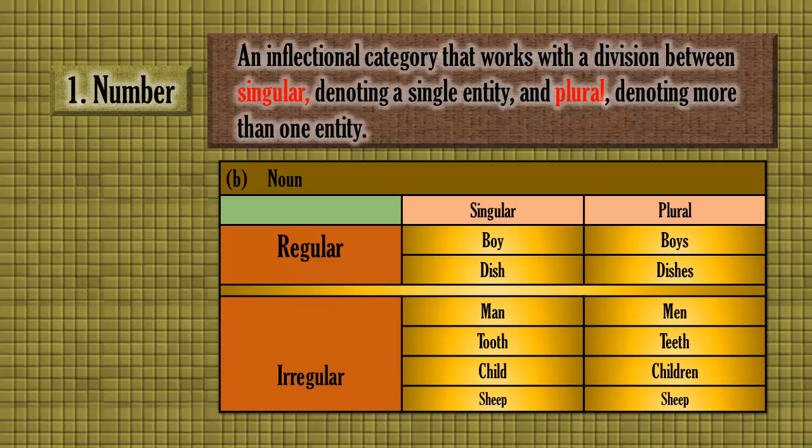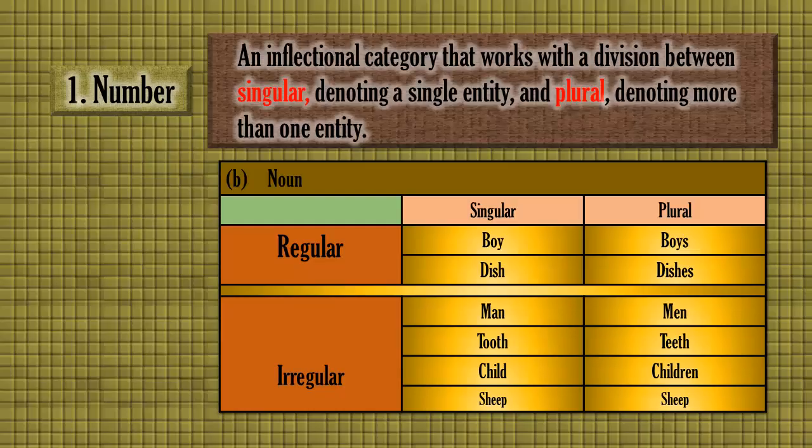Number. Number is an inflectional category that works with the division between singular, denoting a single entity, and plural, denoting more than one entity. As an example, look at the nouns given in the table B. And now look at the number in pronouns.